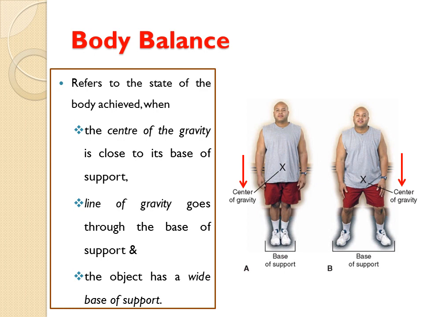Then the second point, the line of gravity goes through the base of support. You can see a red line exactly at the middle, and the object has a wide base of support. So three things are important: the center of gravity, line of gravity and the base of support.